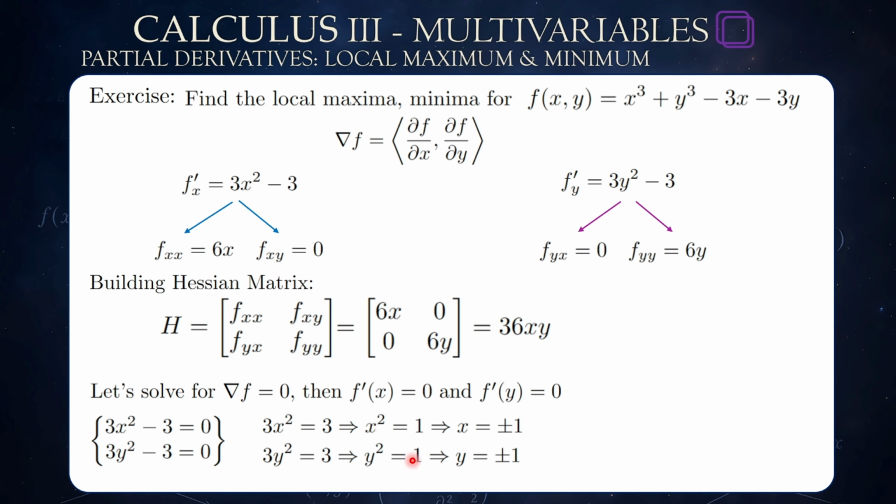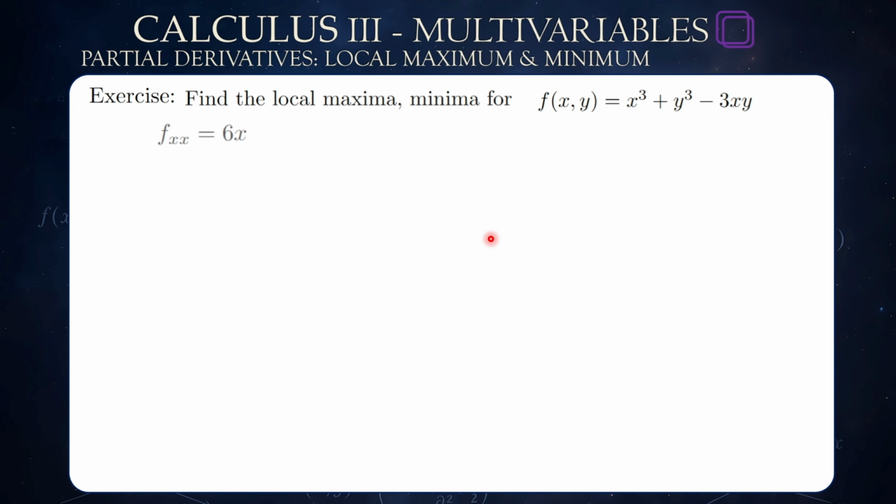In other words, x is equal to plus or minus 1, that's the square root, and y is equal to plus or minus 1. And here you don't have only one critical point, but rather multiple critical points, which are the combinations of plus or minus 1 for x and plus or minus 1 for y.